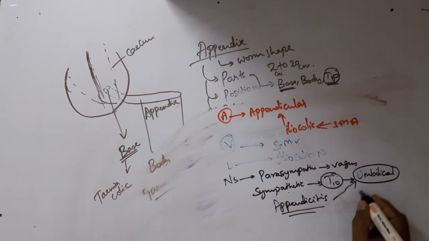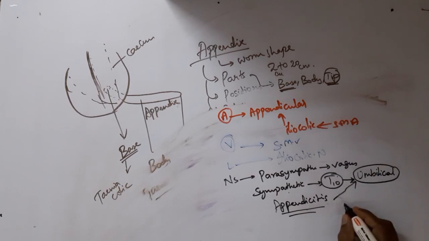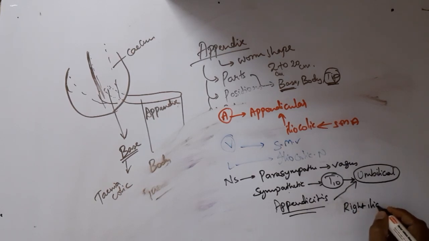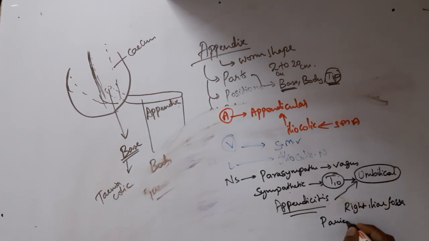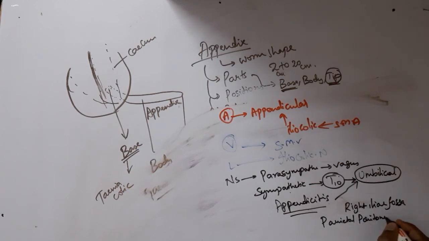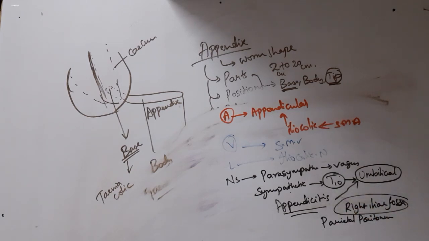Then this pain will radiate towards the right iliac fossa. Why does it go to the right iliac fossa? Whenever the inflammation increases and affects the peritoneal region, and the infection goes into the parietal peritoneum, the pain presents in the right iliac fossa. So that's about the arterial supply, venous drainage and all.